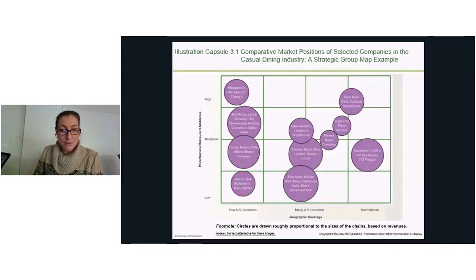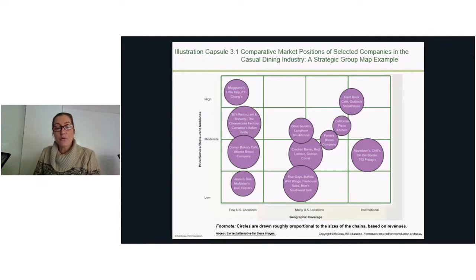So here's an example of geographic coverage and price, and other variables too, considered on the vertical axis, geographic coverage on the horizontal axis. And here we have plotted various restaurants, casual dining industry.